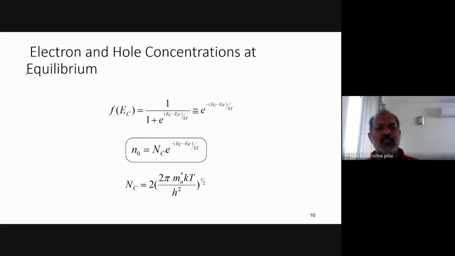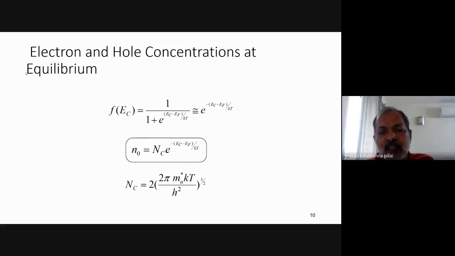Now, using this, the concentration of electrons in the conduction band can be written as a constant times the density of states, which is known. I'm not going into details of how we got this NC. NC multiplied by the distribution function will give me the total electron concentration.